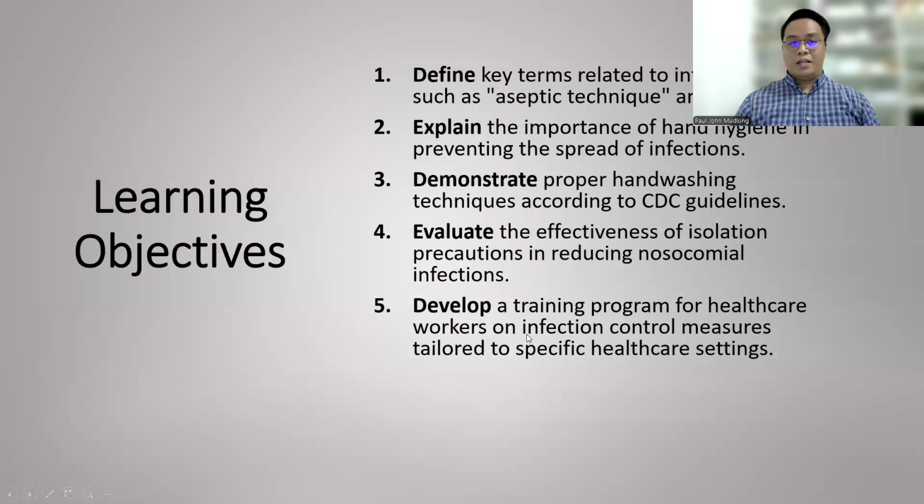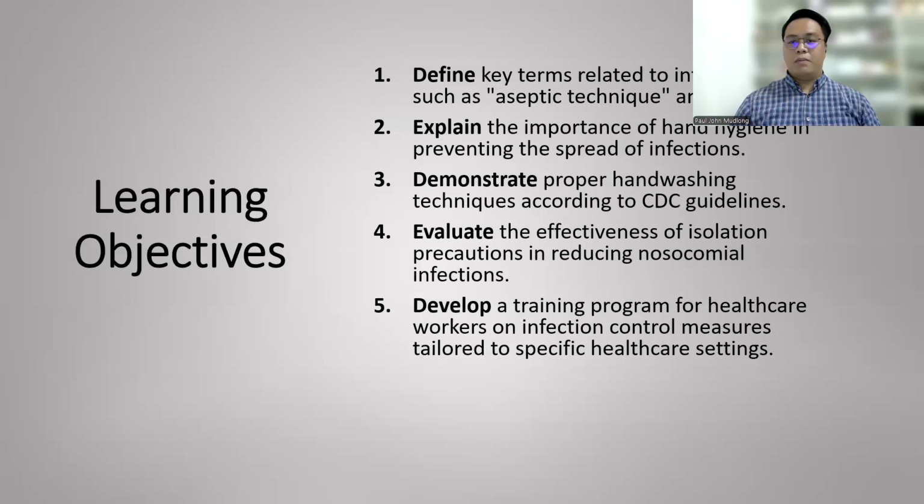For today's class, we are going to be making sure that we attain these five learning objectives as we go along. The first one would be define key terms related to infection control, such as aseptic technique and pathogen. Second would be explain the importance of hand hygiene in preventing the spread of infections.